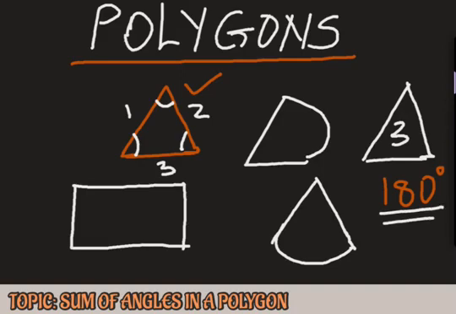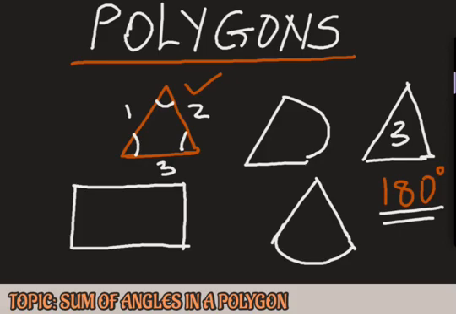For that reason, anytime we are given a polygon, we will divide the polygon into triangles. Whatever number of triangles we find in that polygon, we will simply multiply it by 180. That means we'll be having 180 times the number of triangles we have in the polygon, and that will be equivalent to the total interior angles of the polygon.